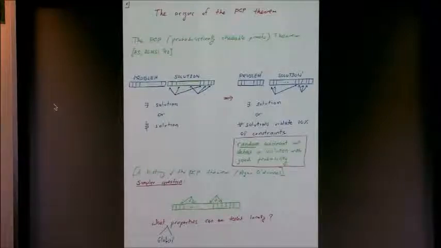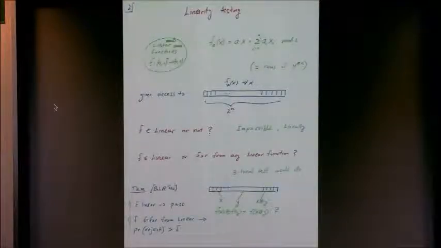Okay, so let's look at an example that was really very influential in the classical story of the PCP. This is linearity testing. So what's linearity testing? Suppose you have a string like this, which is claimed to be the evaluation of a linear function. So it's a function from n bits to 1 bit.